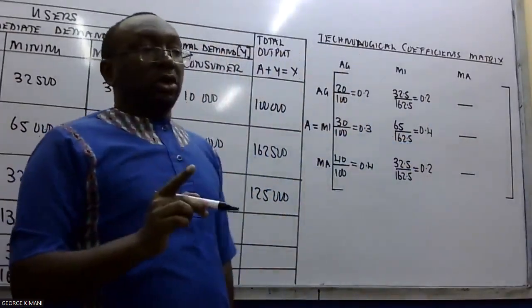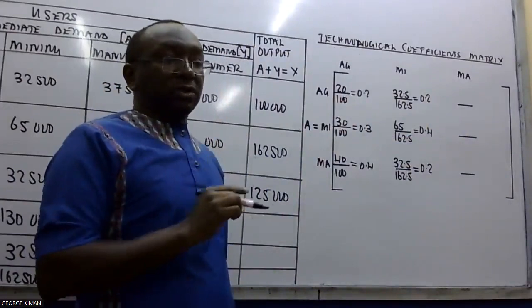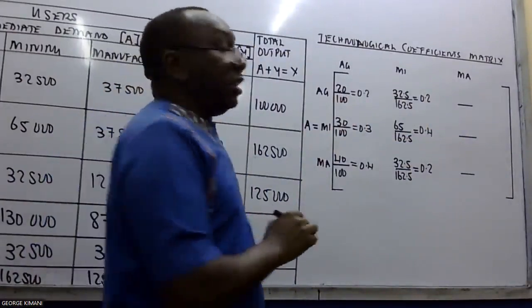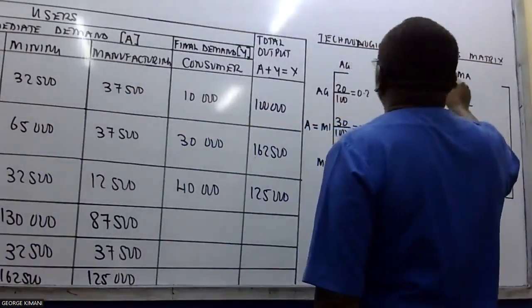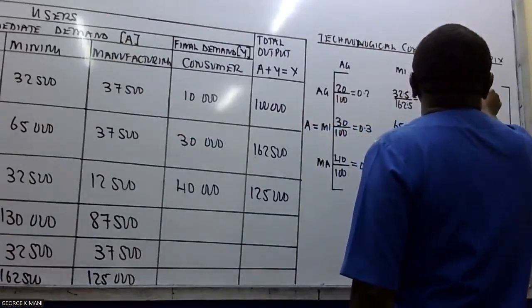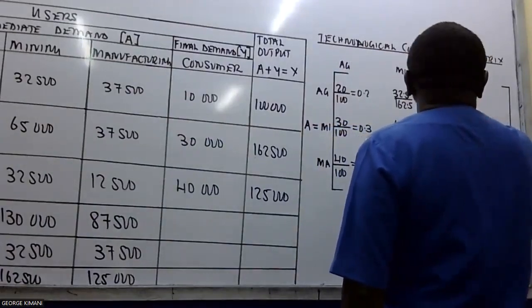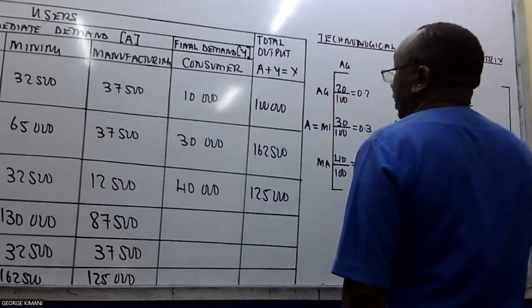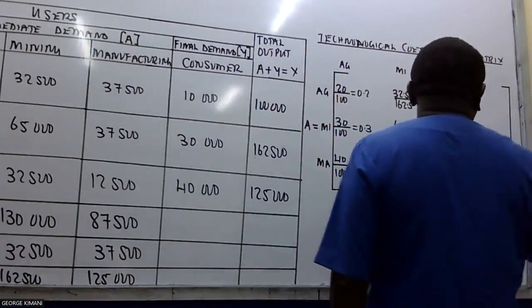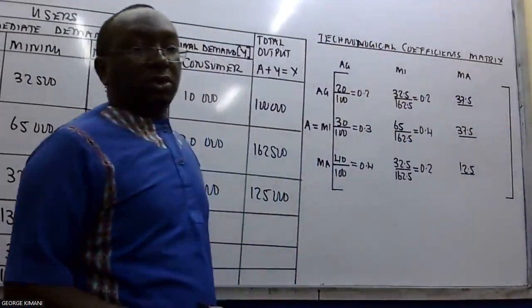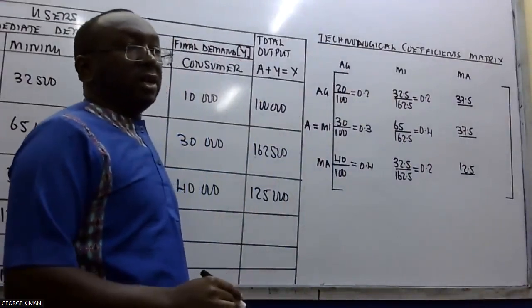Then the values of the third column, which are 37.5, 37.5, and 12.5, are divided by the total of the third row.